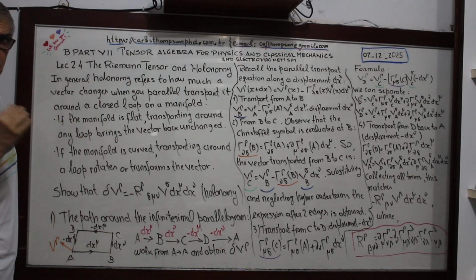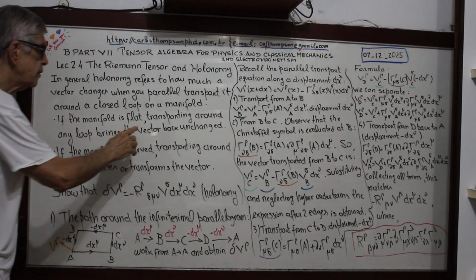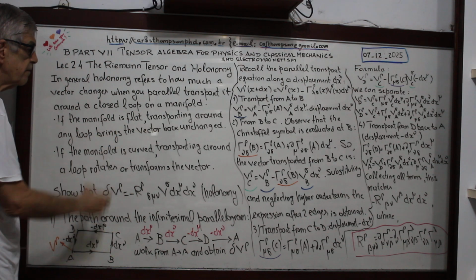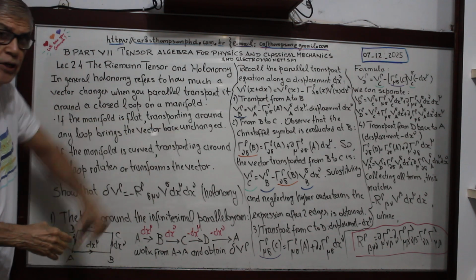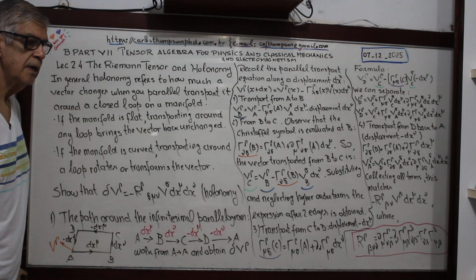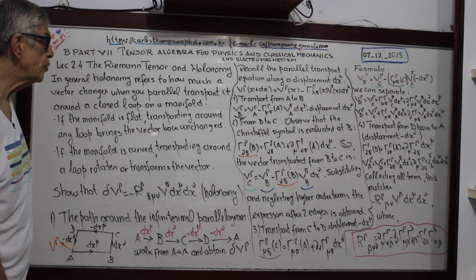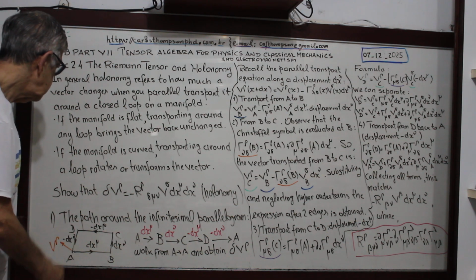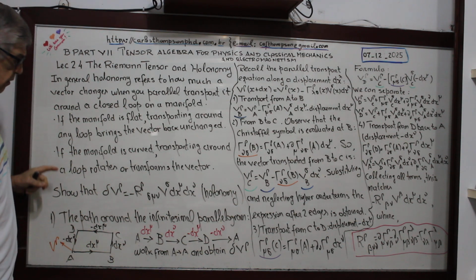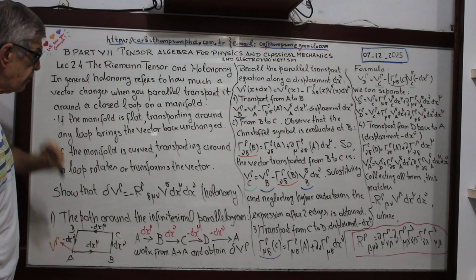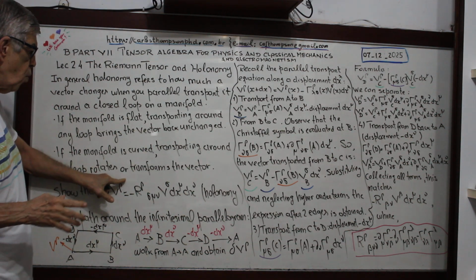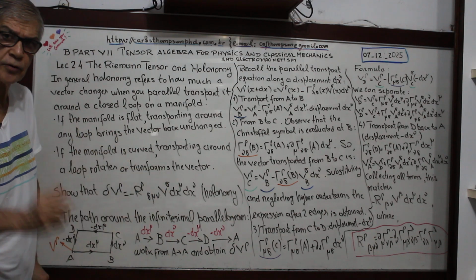If the manifold is flat, transportation around any loop brings the vector back unchanged. That's why the holonomy is important. On the other hand, if the manifold is curved, transporting around the loop rotates or transforms the vector.